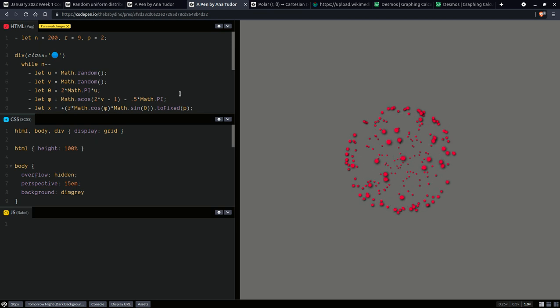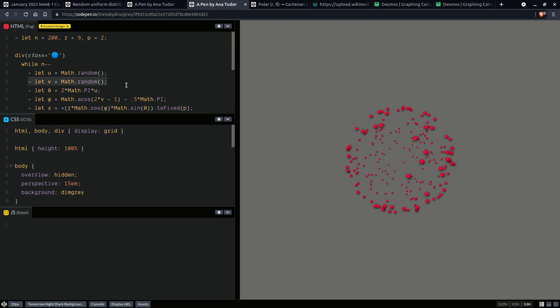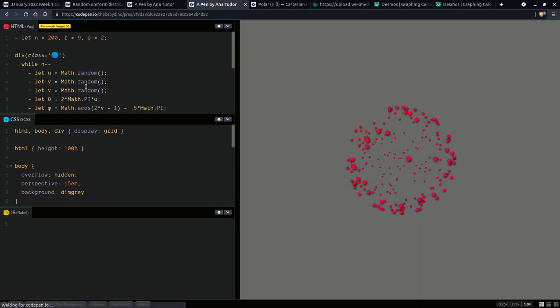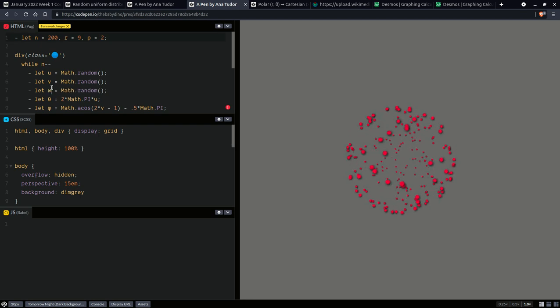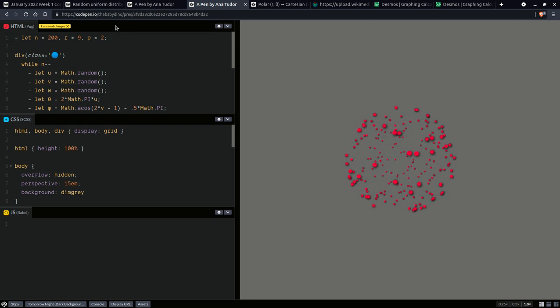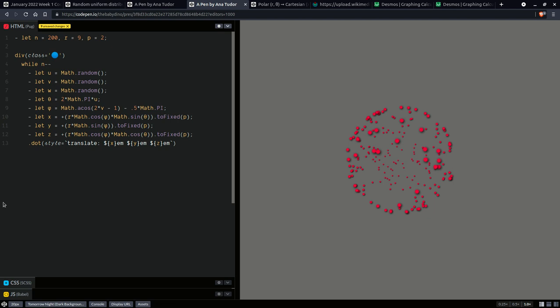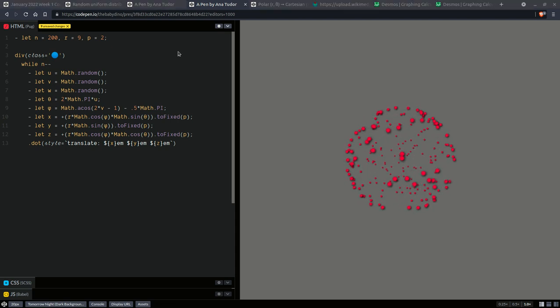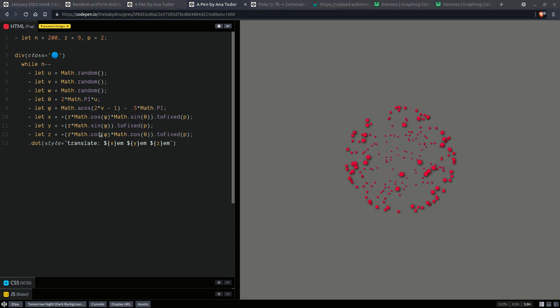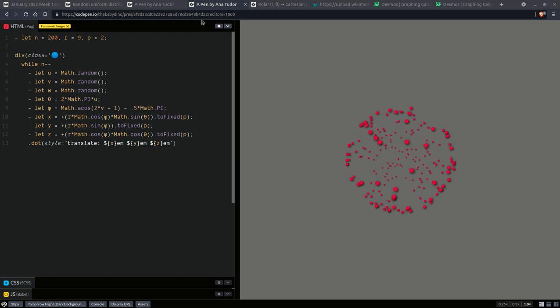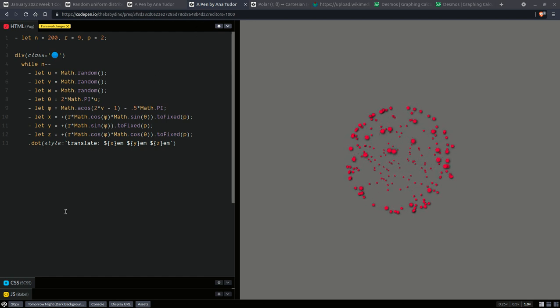Okay, now let's paste that, and I said we're going to have a third random value there. Let's call this W. Okay, let's increase that, and yeah, we are going to have a radius that's varied again.